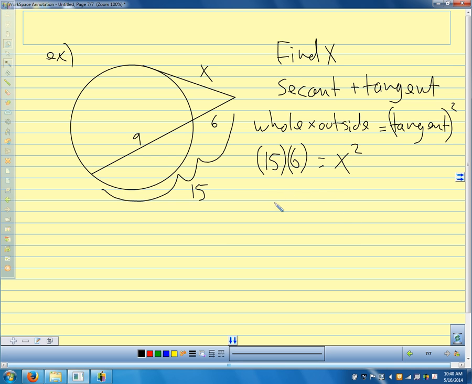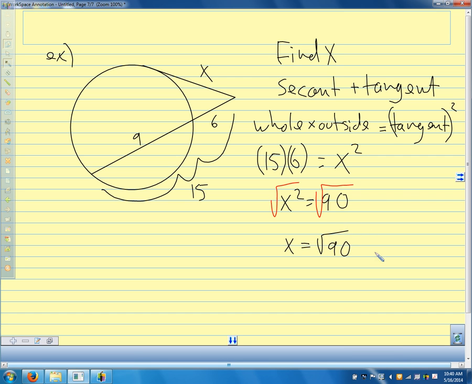15 times 6 is 90, so I have x squared equals 90. So we're going to take the square root of both sides to undo that square. And I get x equals the square root of 90. I can simplify this if the problem asks us to leave it in simple radical form. This is the square root of 9 times 10.